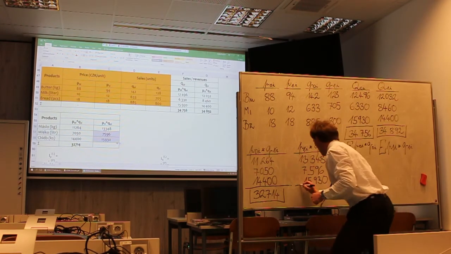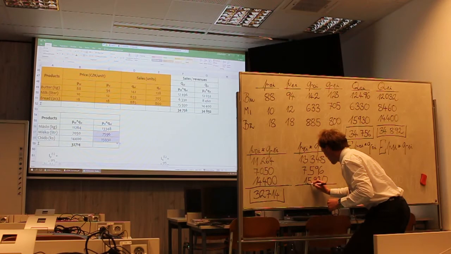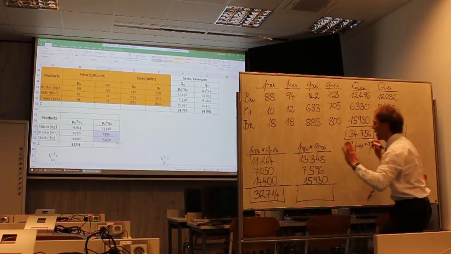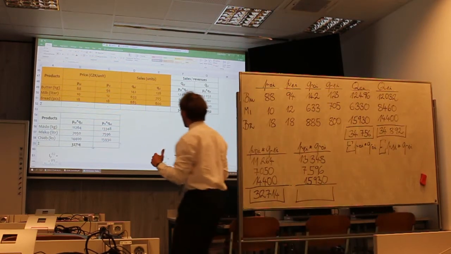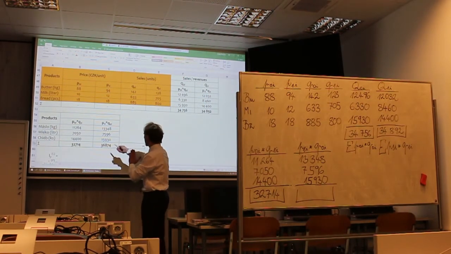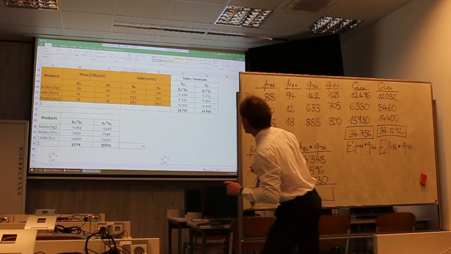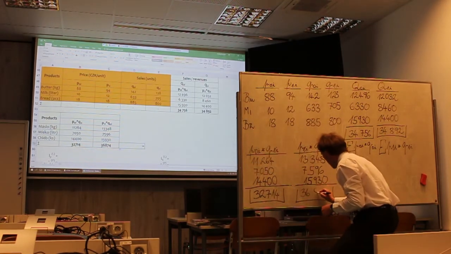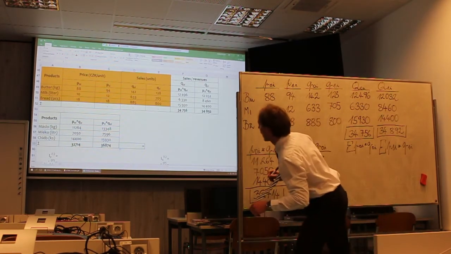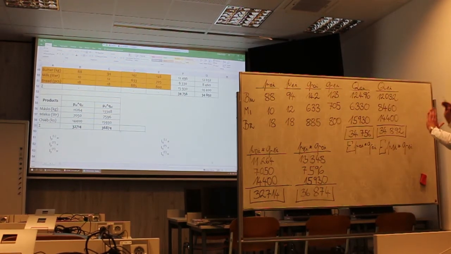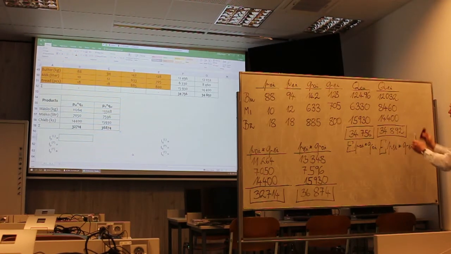And of course, we can calculate the summation. Summation of revenues is 36,874. Okay, so we have here 4 types of different revenues.